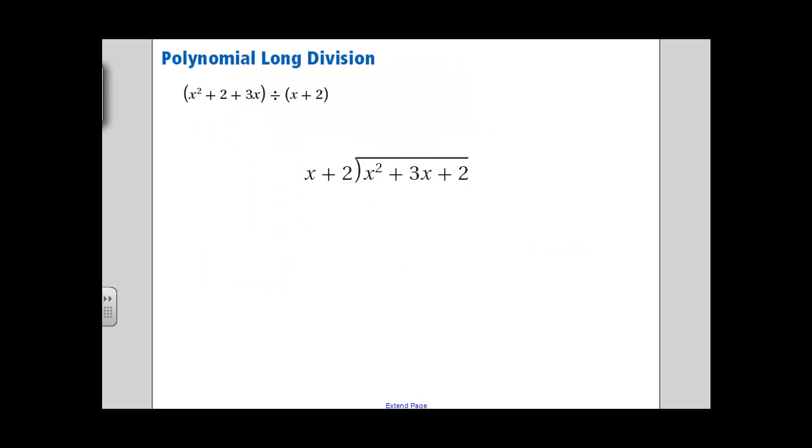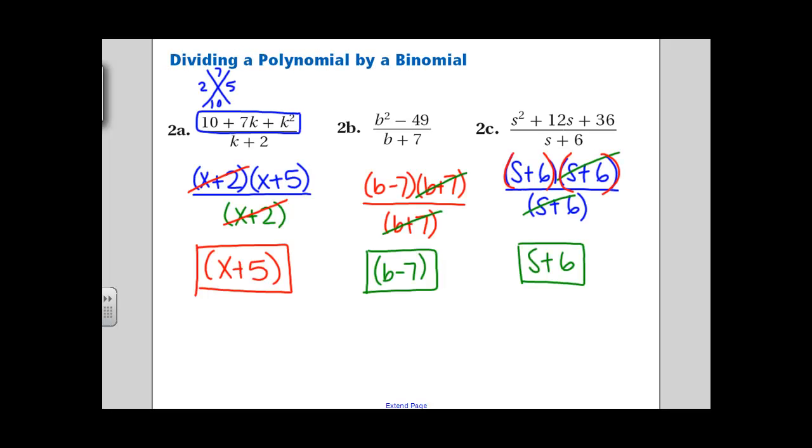Alright, so now getting to the hard stuff. We can only cross stuff off like we did here if they have something in common and if they can factor. But just because they don't have something in common or can't factor doesn't mean that we can't divide them. Just like numbers, 5 divided by 6, they have nothing in common. We can't cross anything off, but I can divide that and end up with an answer.